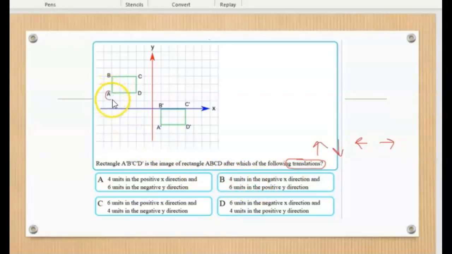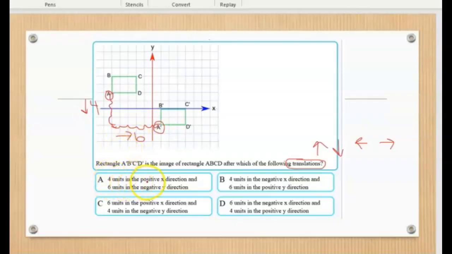Like I'm just going to look at A and see how A changed. Well, here's the new A. It went 1, 2, 3, 4, down 4 units, and 1, 2, 3, 4, 5, 6 to the right 6 units. So let's figure out which one of those matches.